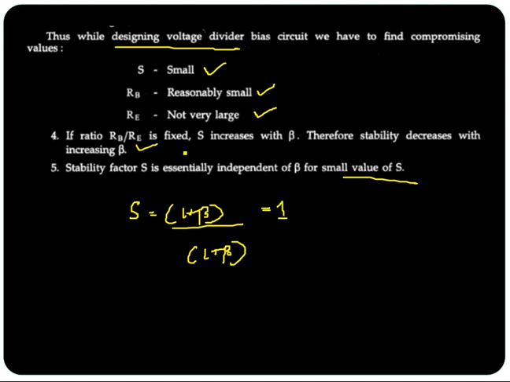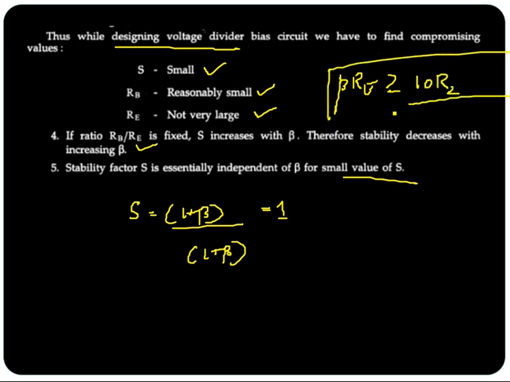So once RB by RE is fixed, S should not depend on beta again. That is why the condition that beta RE should be greater than or equal to 10 R2 is valid there. Okay. So RB is R1 R2 by R1 plus R2.